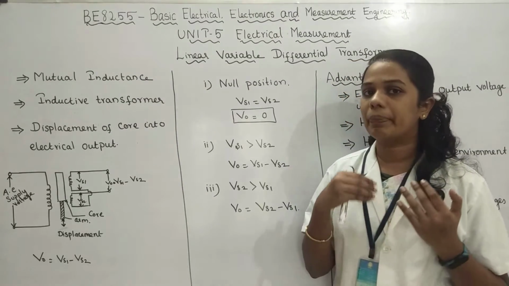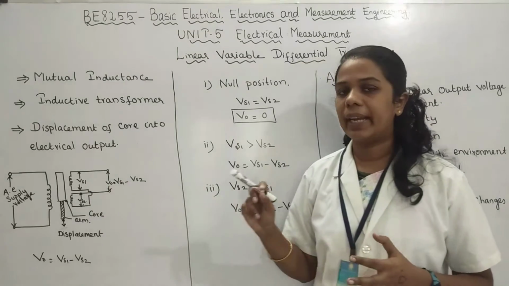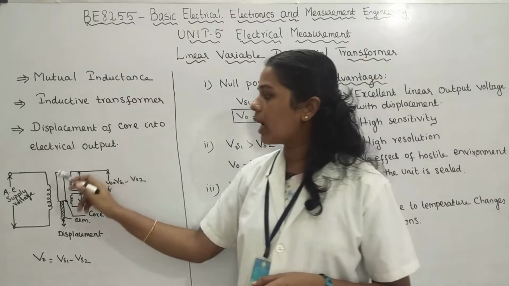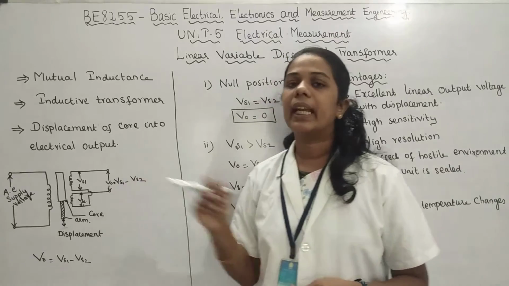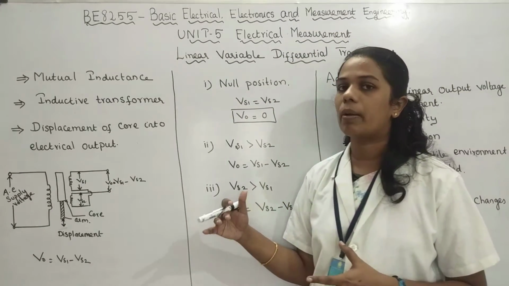Due to this magnetic field, because of mutual inductance, the voltage is produced in both secondary windings. Do you understand? These windings are wound on the cylindrical former.